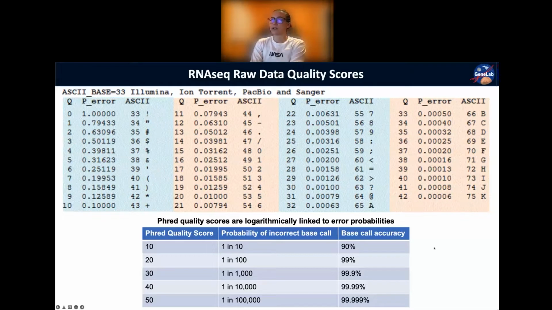To quickly interpret the quality scores from the reads, anything that has a high quality score is represented by a letter, whereas anything with lower quality scores you'll see is represented more by symbols.